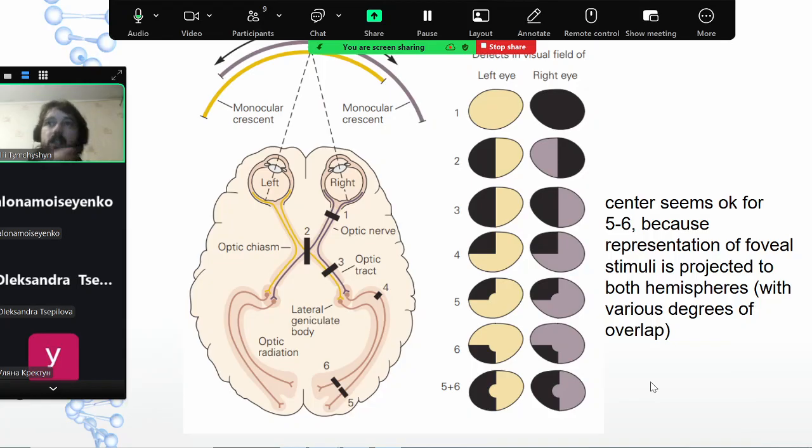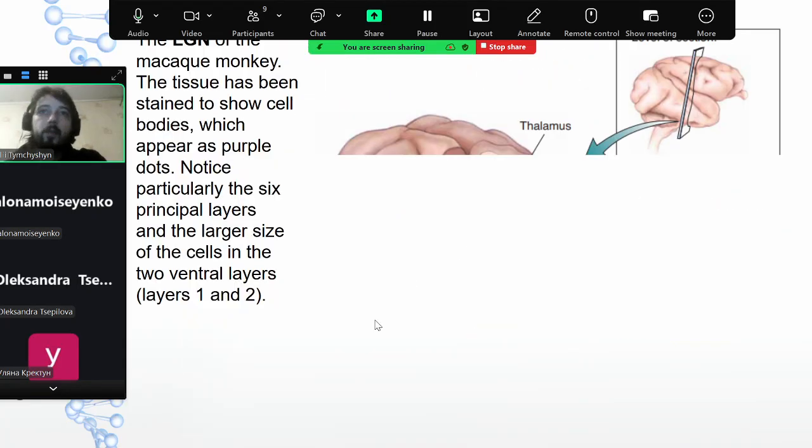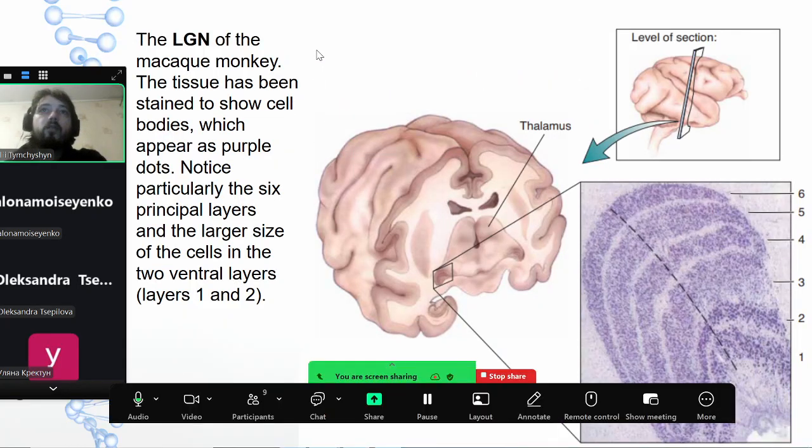The center in some cases seems to be okay because the representation of the foveal stimuli is projected to both hemispheres with various degrees of overlap. So in these cases, like when you damage areas 5 and 6, the brain is still able to recover at least this central part.